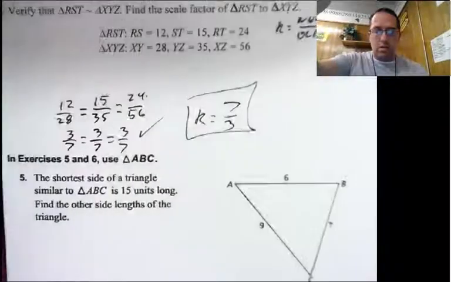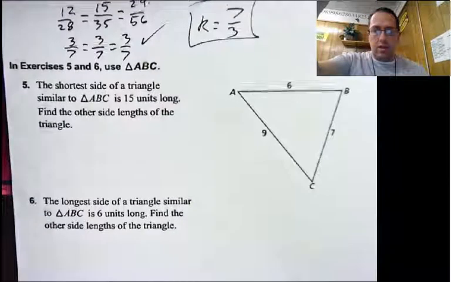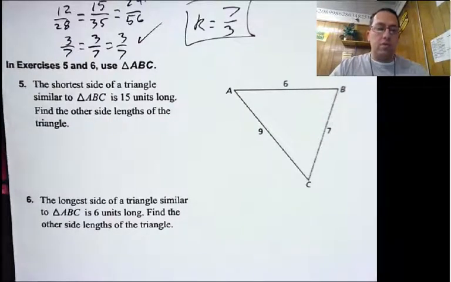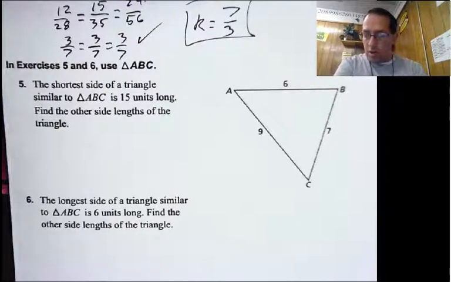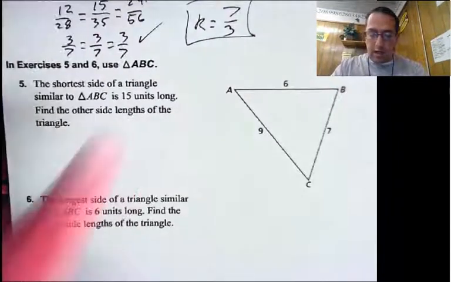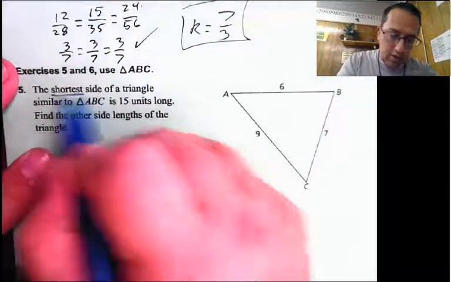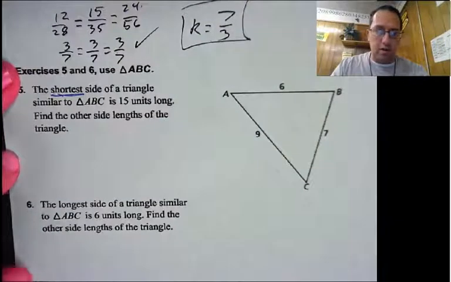Okay, let's take a look at 5 and 6. The shortest side of a triangle similar to triangle ABC is 15 units long. We want to find the side lengths of the other sides. So I know one side is 15, and I know that this is the shortest side of the triangle.